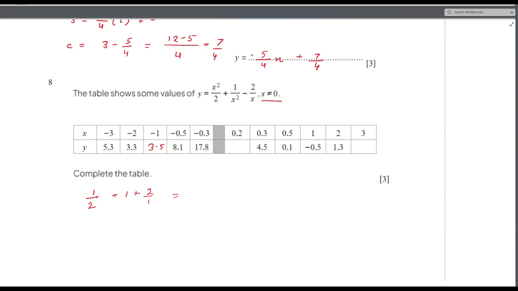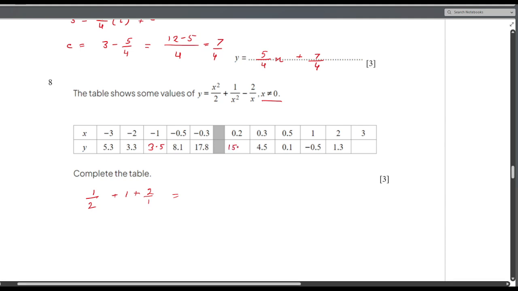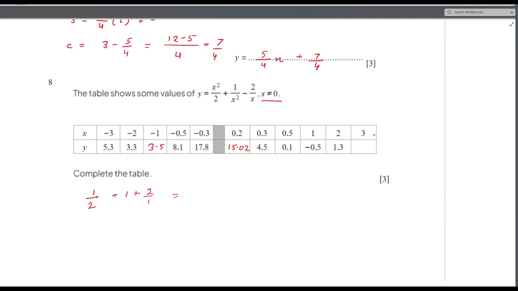So the result is 15.02. Okay, and for 3, when we use 3 square is 9 divided by 2, okay, plus 1 divided by 9, okay, minus 2 divided by 3.